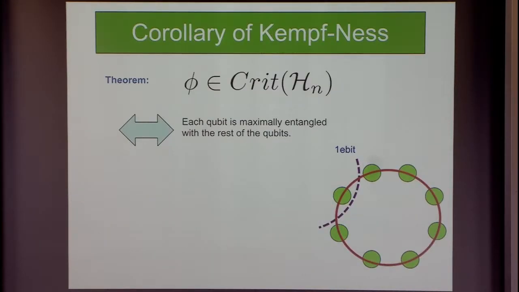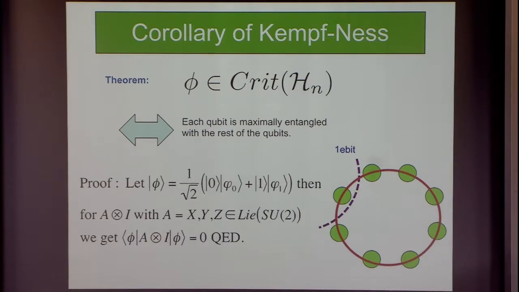The reason is that a state is critical if and only if, when I look at the bipartite cut between each qubit and the rest of the system, it is maximally entangled. To get intuition for where it's coming from, suppose I have this qubit and it's maximally entangled with the rest. It means I can write it like that, where phi 0 and phi 1 are orthogonal states.